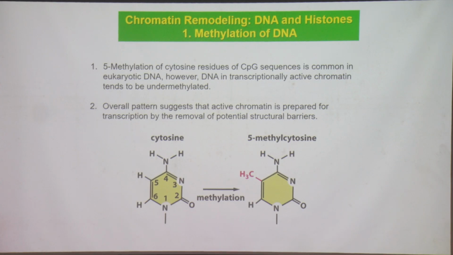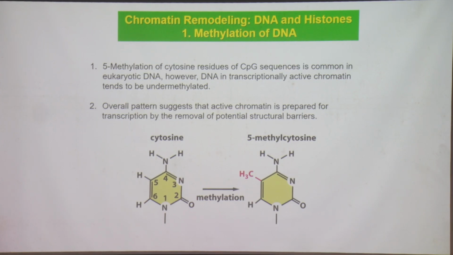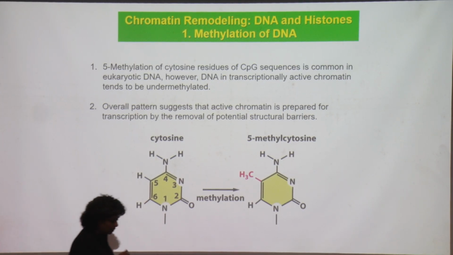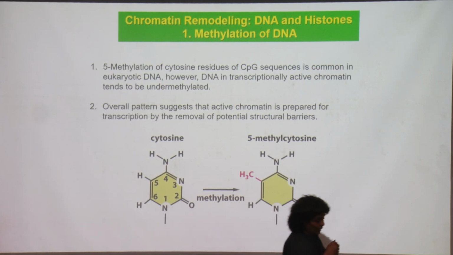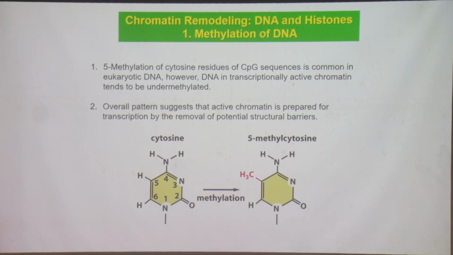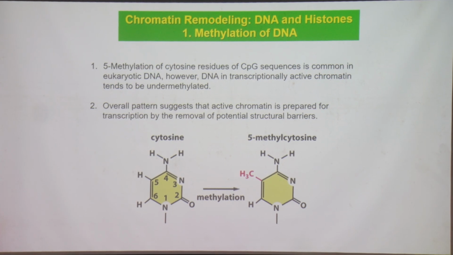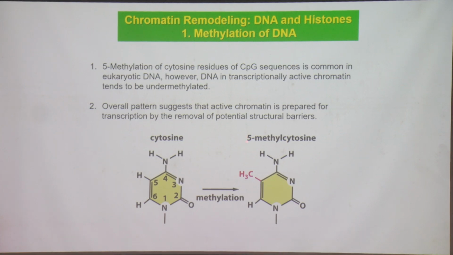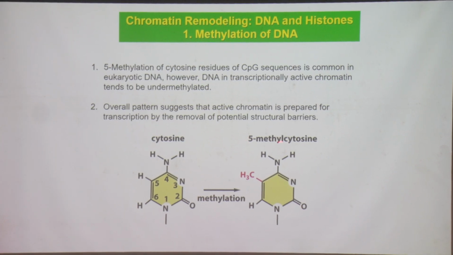Once the DNA is synthesized, when you have cytosine, guanine, cytosine, guanine, so if you have too many CGs, those C's, not the G's, have a tendency to undergo methylation. When they are methylated, they form 5-methylcytosine.